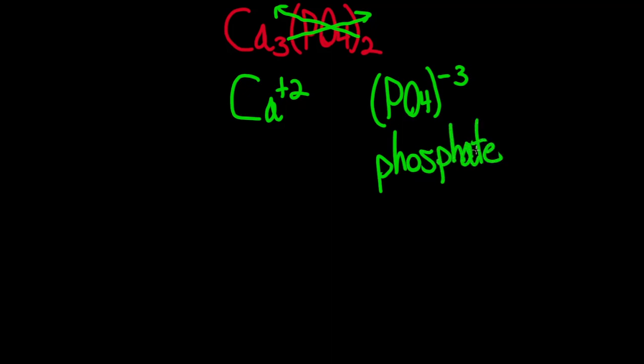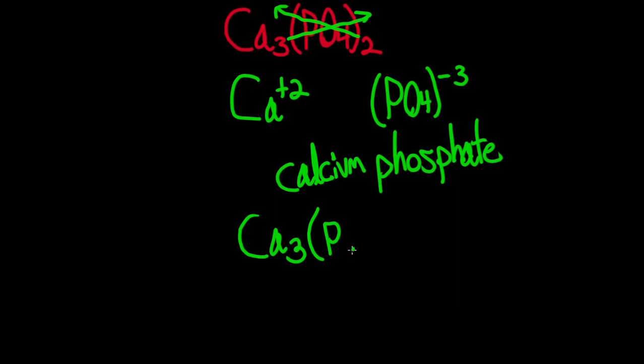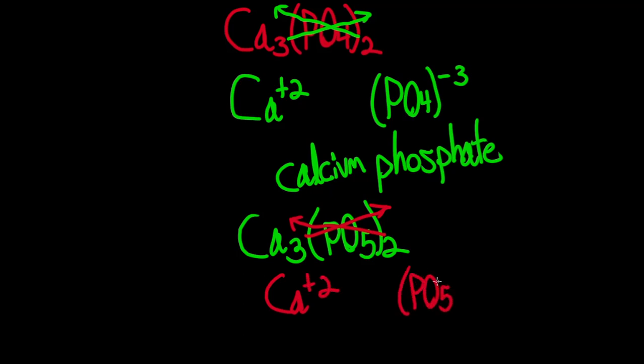So this is going to be calcium phosphate. All right, and to go even further, if I had Ca3(PO5)2, I would just reverse engineer that and have Ca +2, PO5 with a -3 charge.